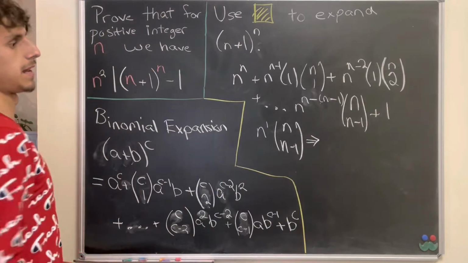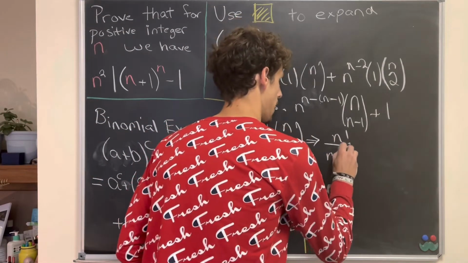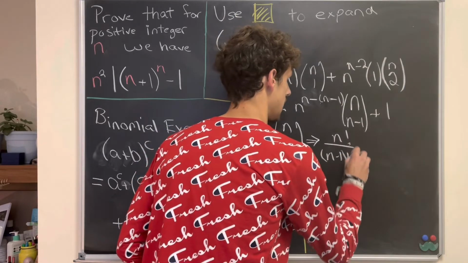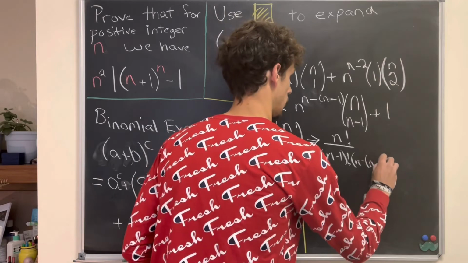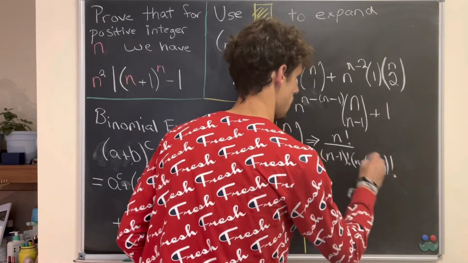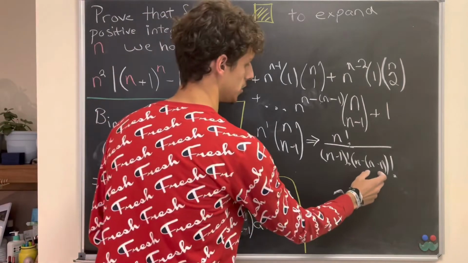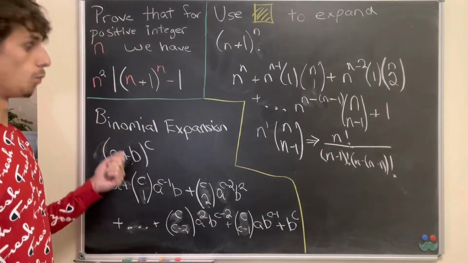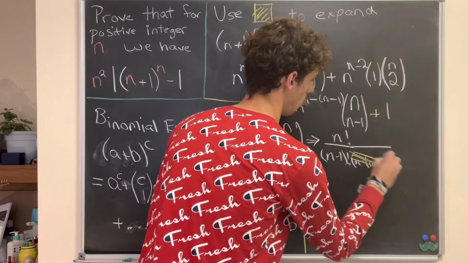n choose n minus 1 is going to be n factorial over (n minus 1) factorial times (n minus 1) factorial, like so. So this bit here just becomes 1 factorial, so we can get rid of that because that's just dividing by 1.